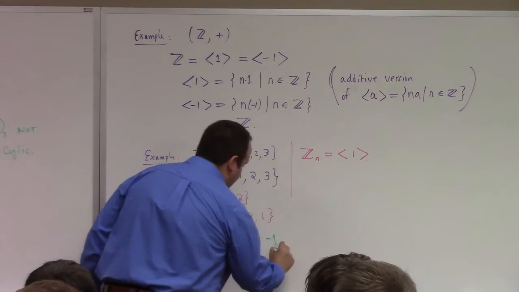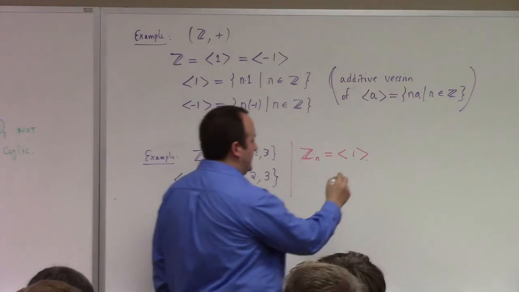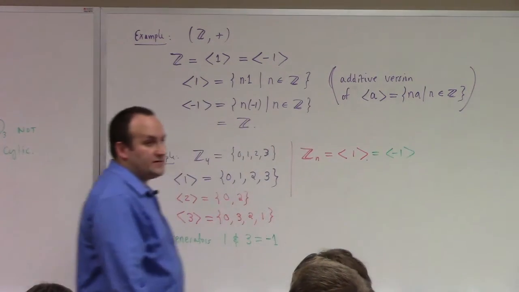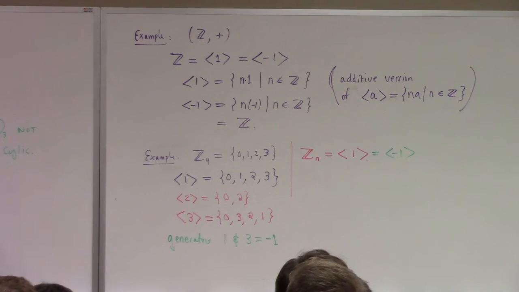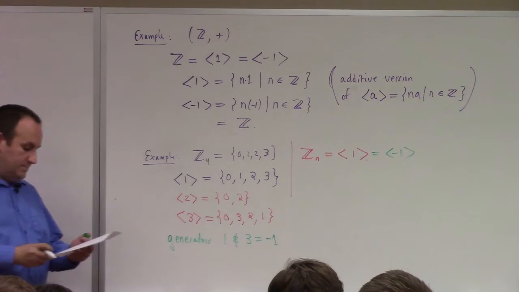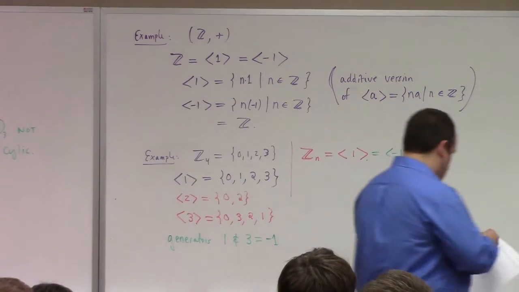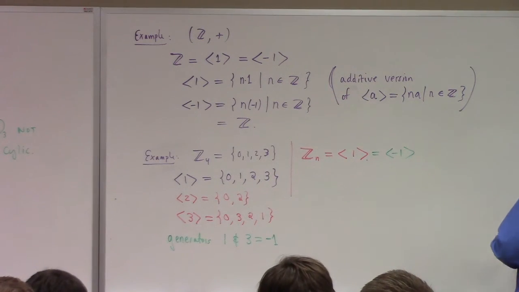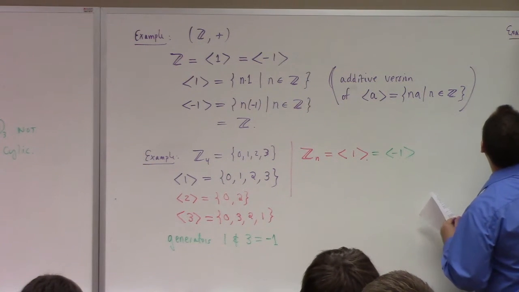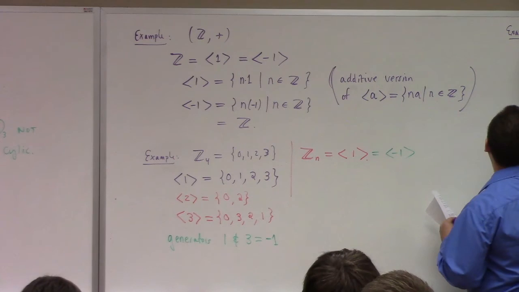So in Zn, in fact, we can always see that pattern as well. 1 and -1 are always generators. But the question is, what else is a generator? For example, you could look at Z10.